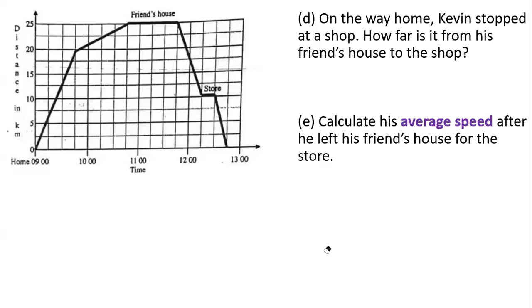Those two questions. On the way home, Kevin stopped at a shop. How far is it from his friend's house to the shop? Calculate his average speed after he left his friend's house for the store. Very good.